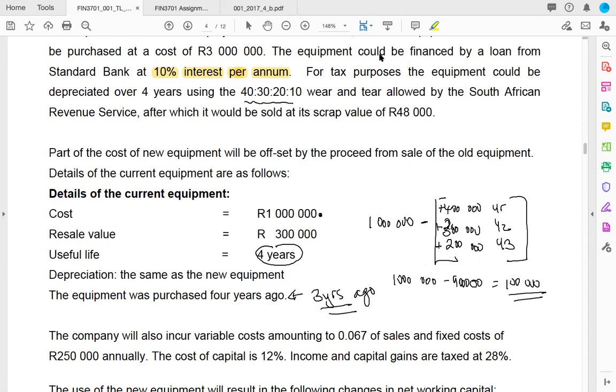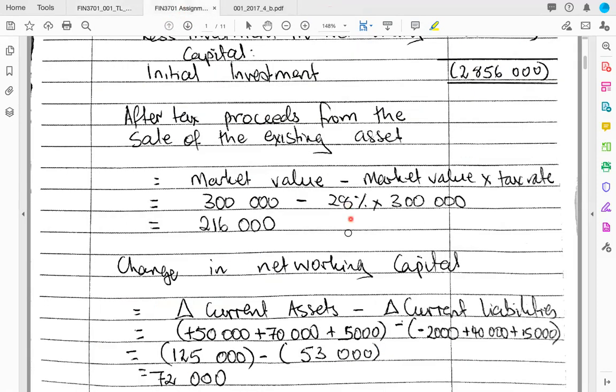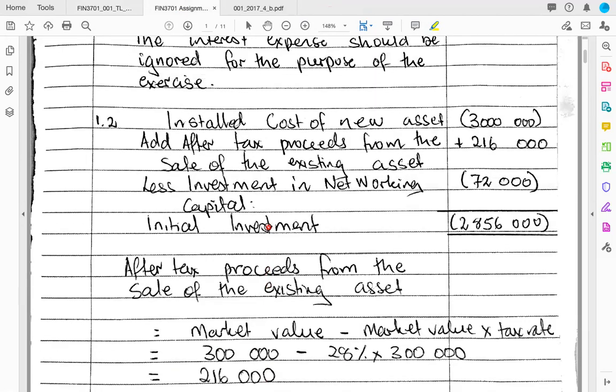But in the example we're doing now, we are clearly told that the machine was purchased 4 years ago, so it's been depreciated to a book value of 0. So that's how we get the after-tax proceeds from the sale of the existing asset.